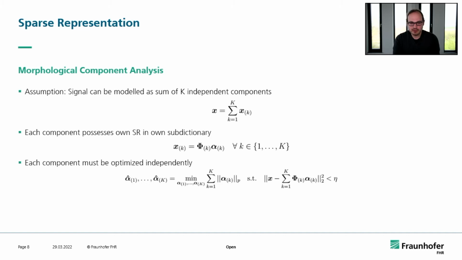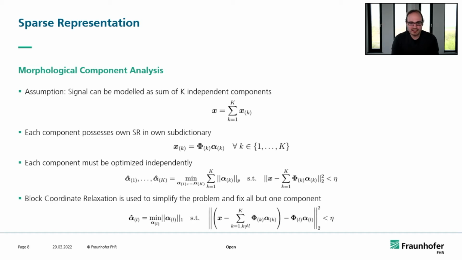So this is the assumption, and then what we have to do is optimize each of these terms independently from the others. In the end, we should approximate all at the same time, which is quite hard, and there's something called block coordinate relaxation. So we fix all components but one.